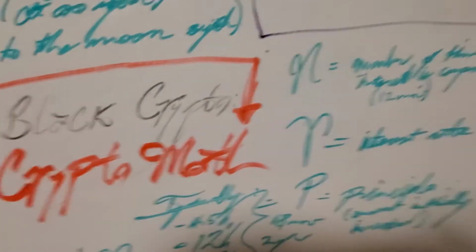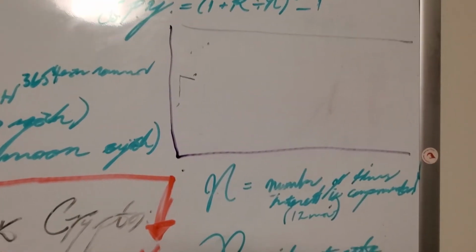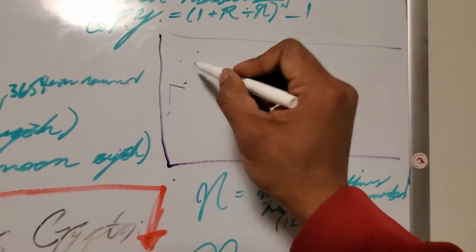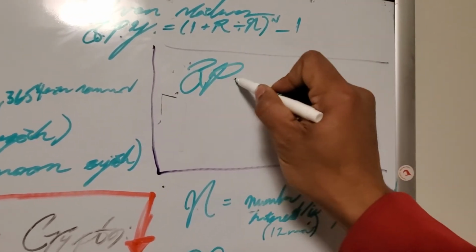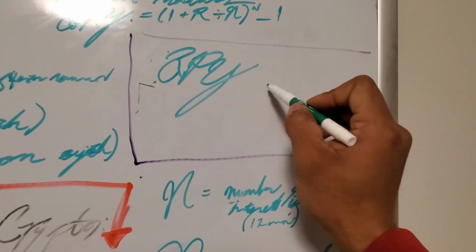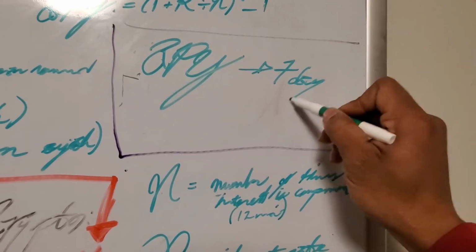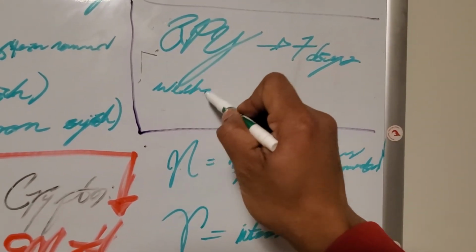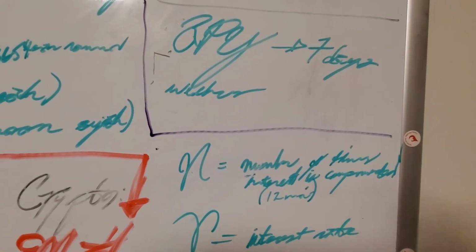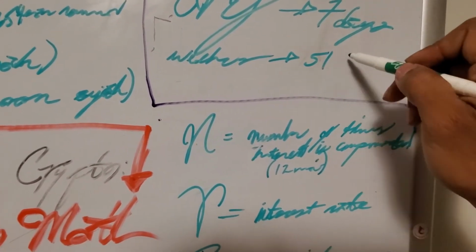Now you're going to get to a point where you'll want to understand how the payout is calculated as well, right? If you're looking at the APY, but then the payout is every 7 days, for example, how many weeks are there in a year? There's about 51.